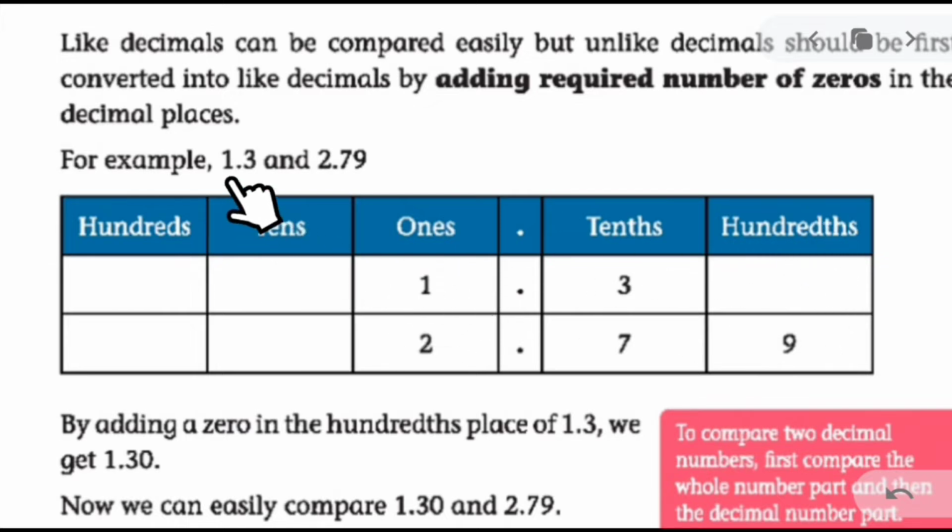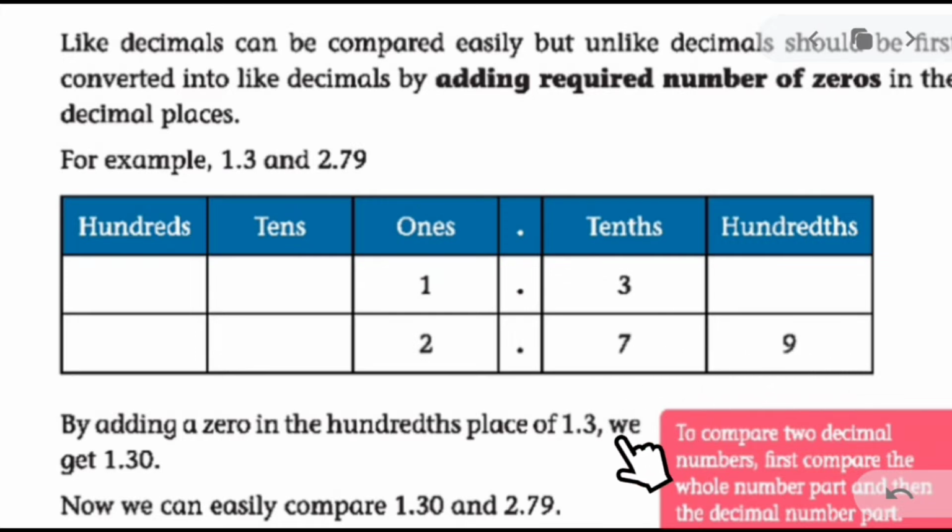In 1.3, 1 is the whole number and 3 is the decimal part, the tenths place. What type of decimals are these, like or unlike? Yes, very good. These are unlike decimals because the decimal parts have different numbers of digits. 1.3 has only one digit and 2.79 has two digits.